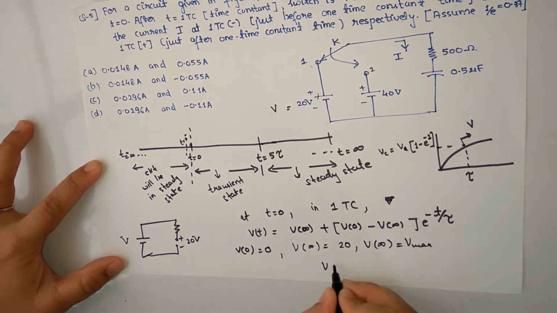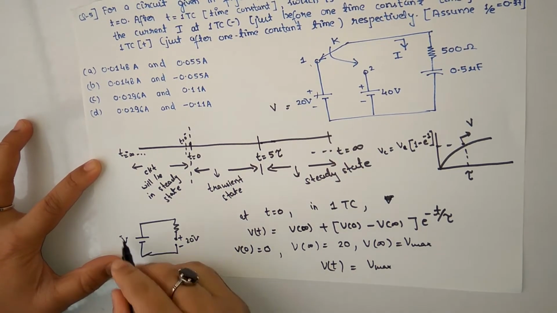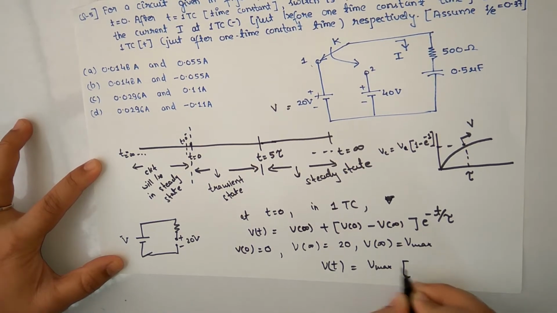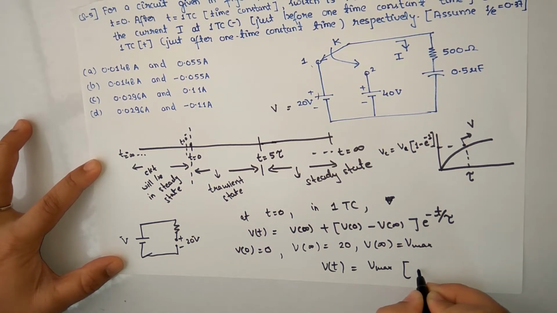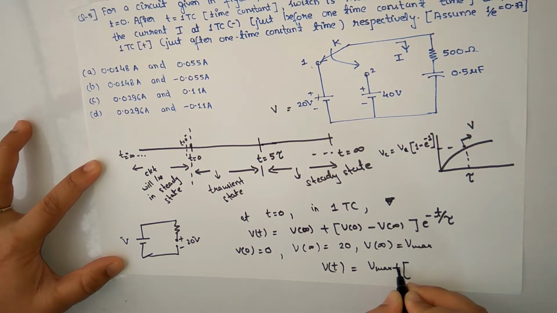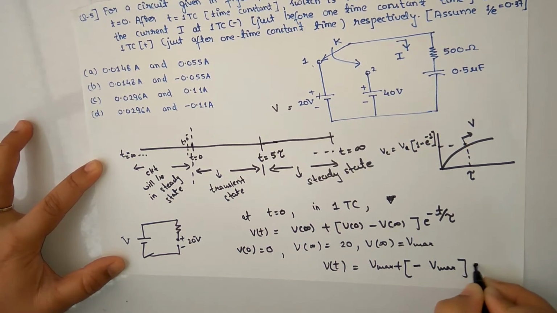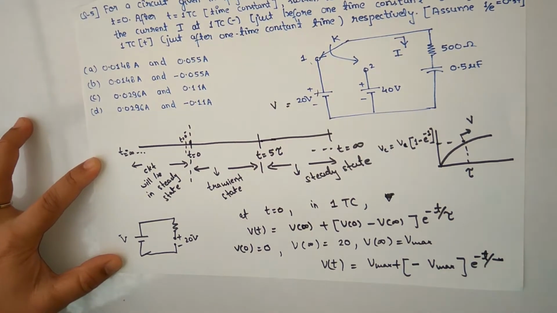So directly we can say V of t is equal to V maximum, which is 20, times 0 plus, minus V infinity, which is V maximum e to the power minus t by tau.